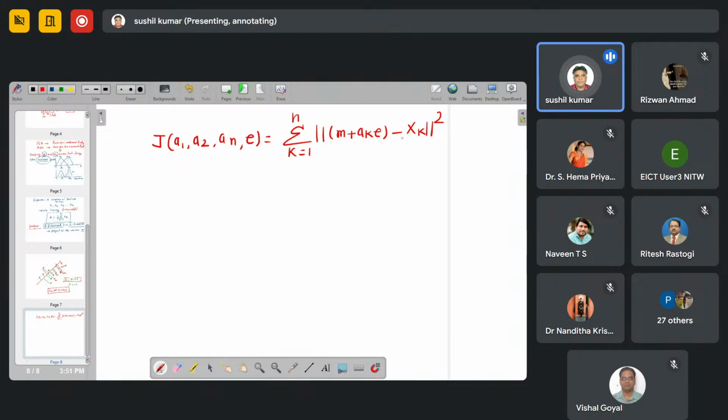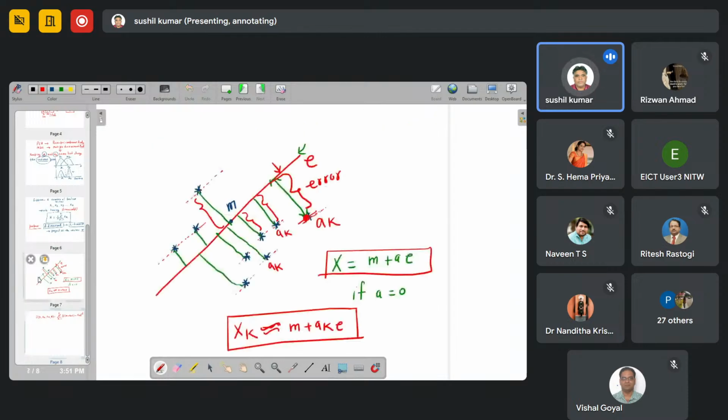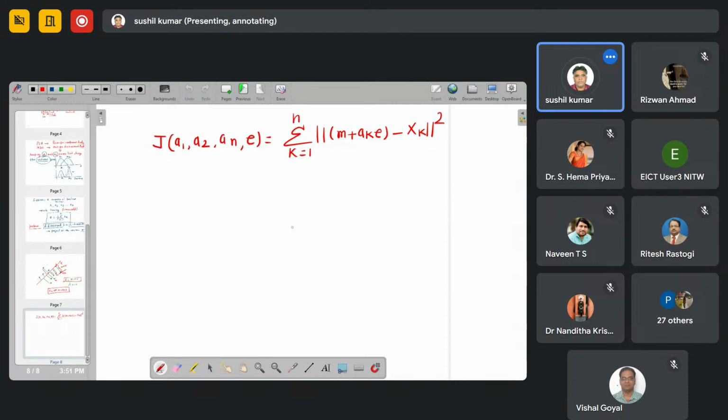So what exactly am I saying here? I'm saying that this is the line. The equation of this line is x equals m plus a_k e, and you are reflecting at this point, that is x_k. So that is the error here. How can you write this equation? I'm rewriting it again: sum for k equal to 1 to n.